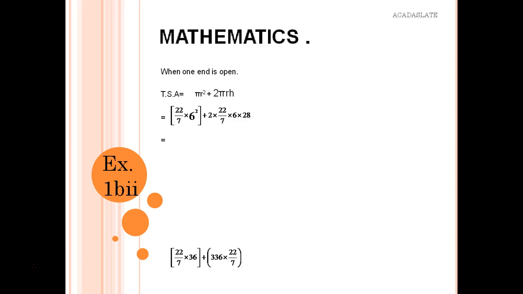Now, the next question is to find the total surface area when one end is open, that is, an open cylinder. From our illustration previously, you can see that the total surface area of an open cylinder is pi r squared plus 2 pi rh.